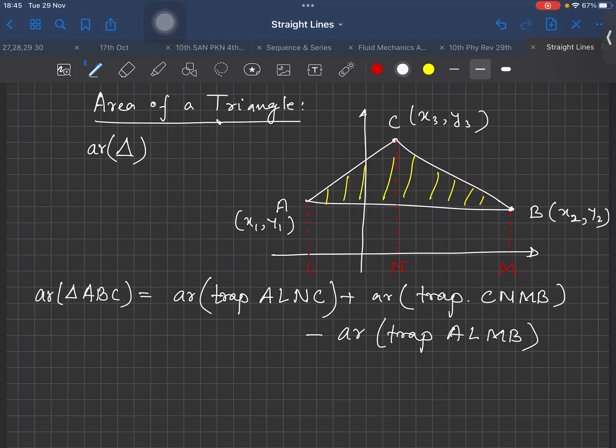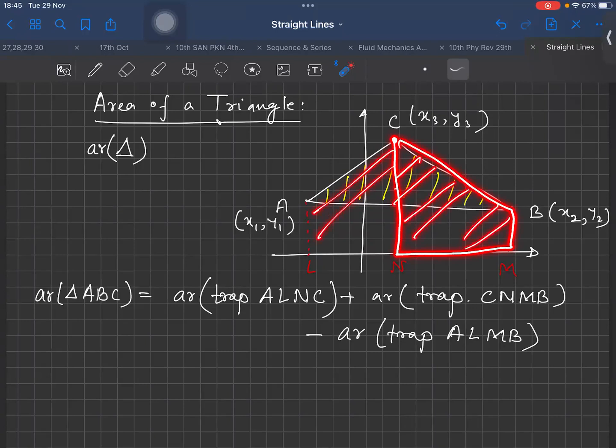Just observe if you are able to get it. ALNC, this trapezium. First, we are adding this trapezium, plus trapezium CNMB. So you got the area of this and this. That means you got this area.